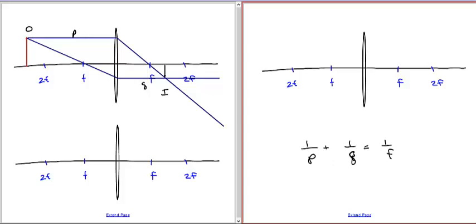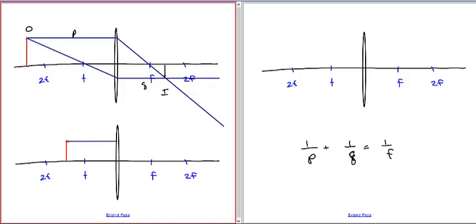Then you've got the case where the object is between twice the focal length and the focal length, but the rules still apply. Parallel to the axis of the lens, through the focal point, to the lens, parallel.